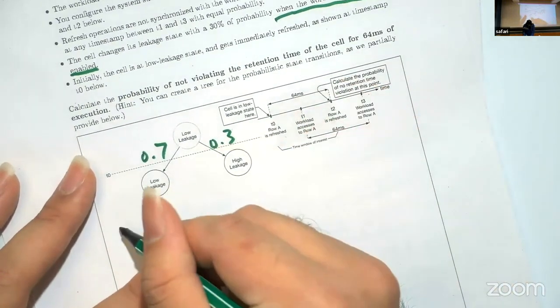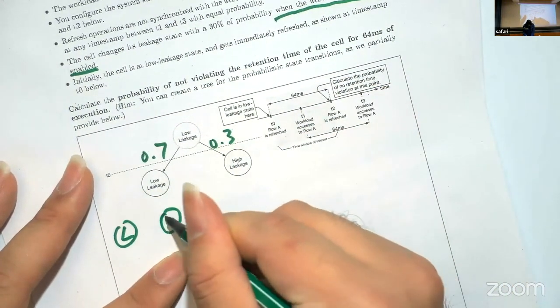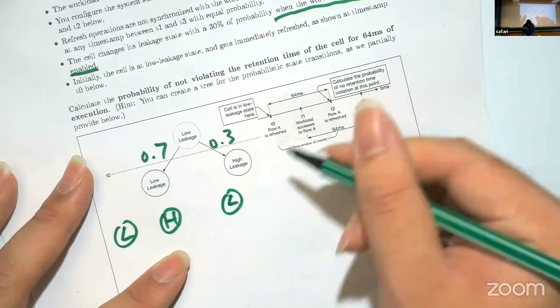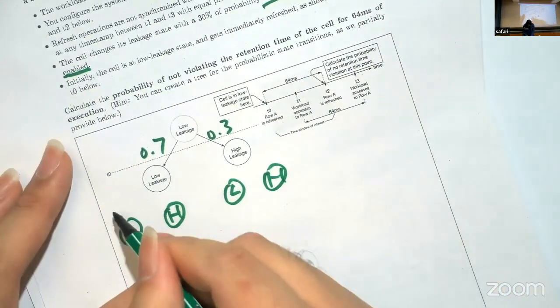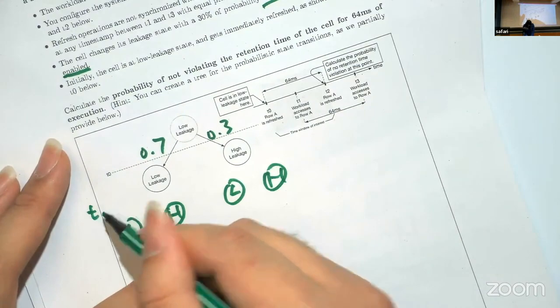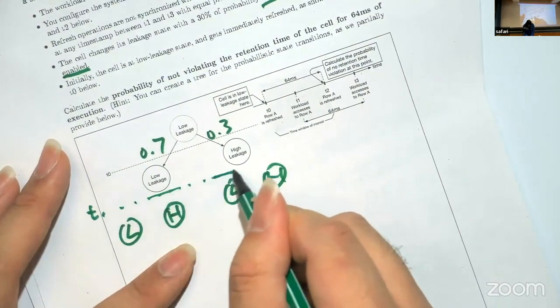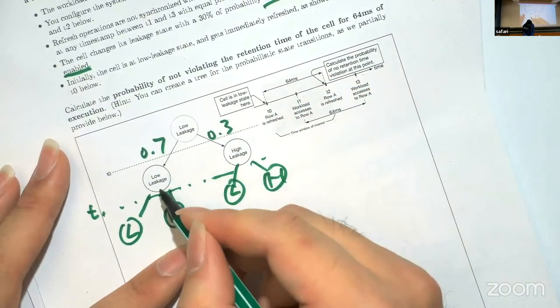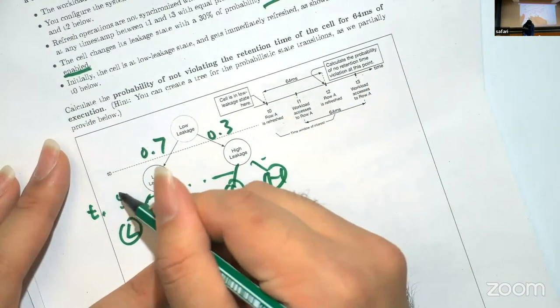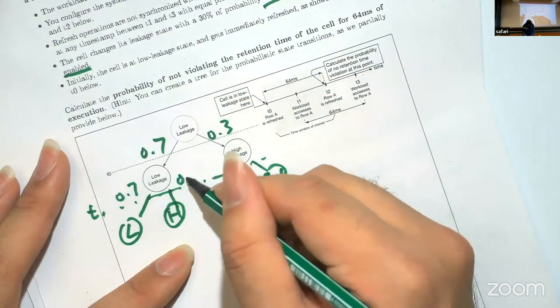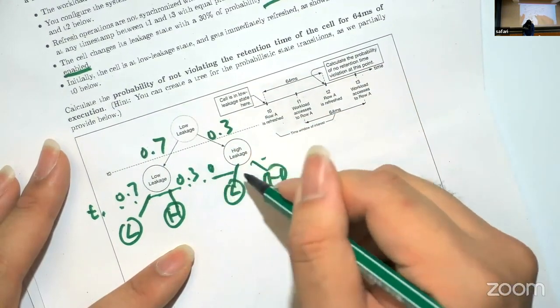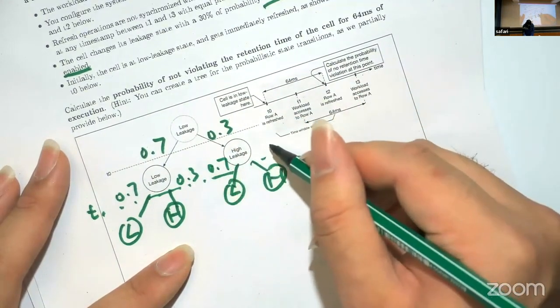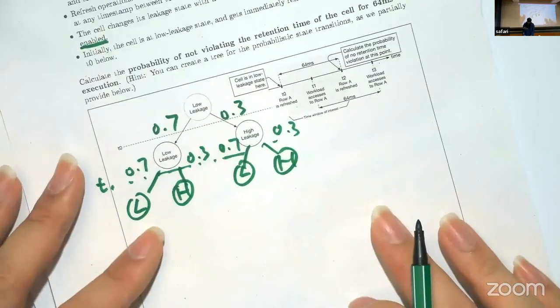Then similarly, let's use L and H to denote the low and high leakage states at T1, when the row is accessed by the workload. We also have 4 outcomes, and the chance of staying is still 0.7, changing is 0.3, staying 0.7, changing 0.3.